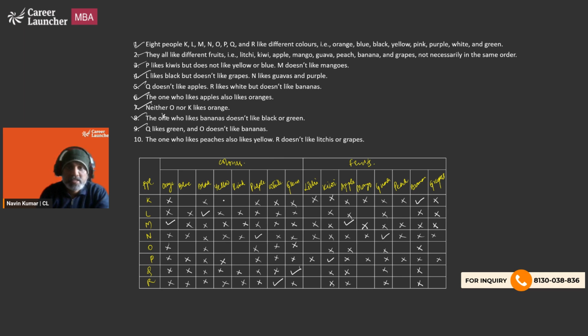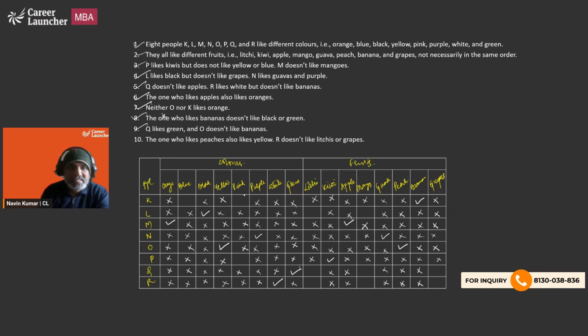So the person who likes yellow should like peaches. So K cannot be that guy, right? The next person who can like yellow is going to be O. So the only possibility is that O likes yellow and he likes peaches. So when he likes yellow, we are done with this. And when he likes peaches, we are done with this.